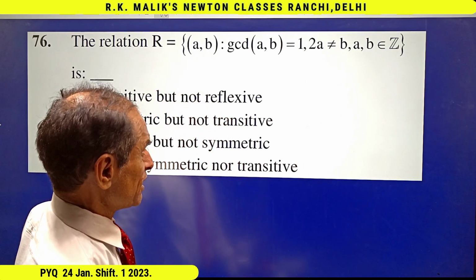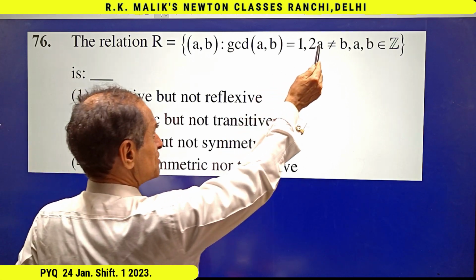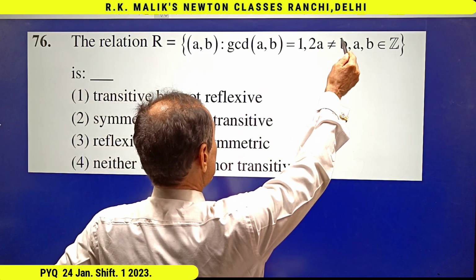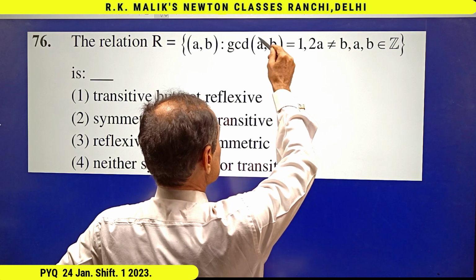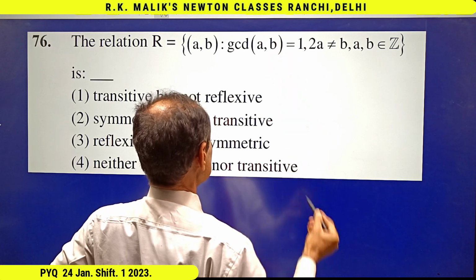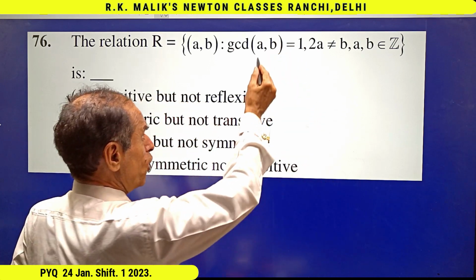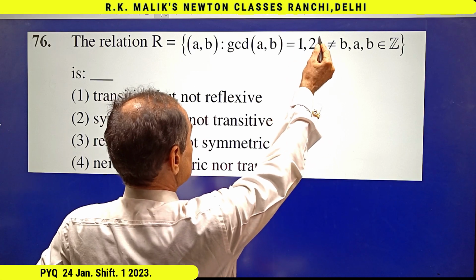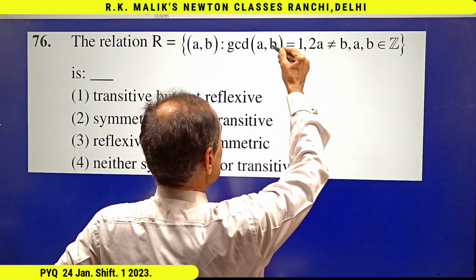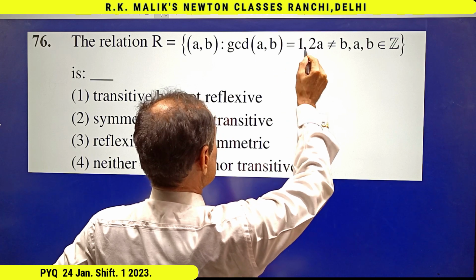Therefore, I will take care of it. That is, this condition is of importance only if at least one of them is 1 or minus 1. In all other cases, this is automatically true once GCD of A and B is 1.